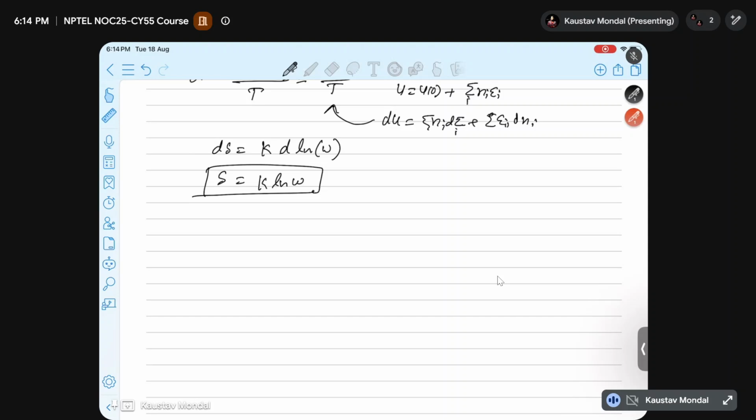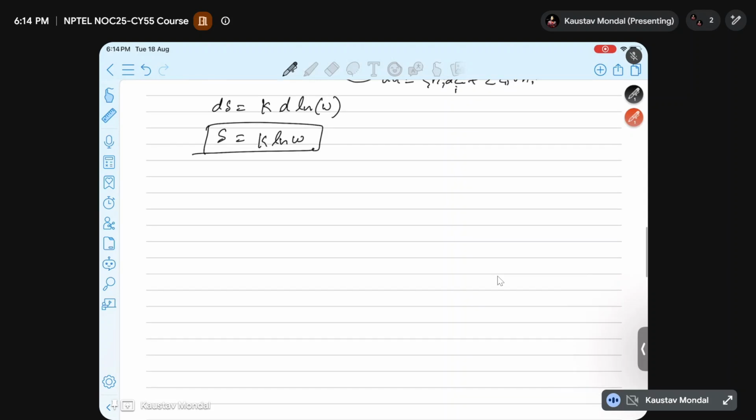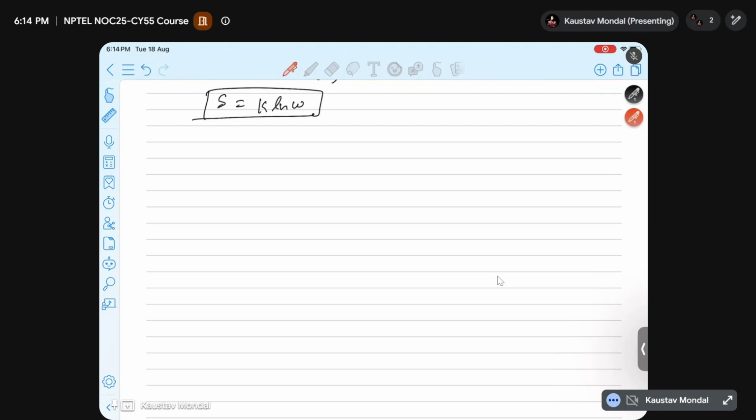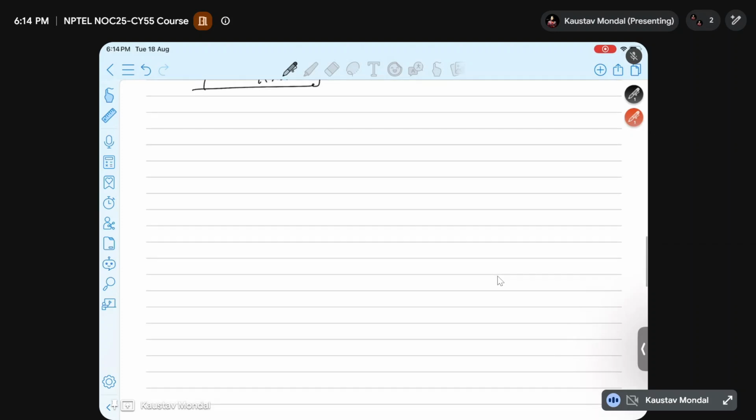Because it's also a very large number to calculate. So there is also a way by which we can write this expression of entropy by using only the definition of thermodynamic variables like internal energy and partition function.